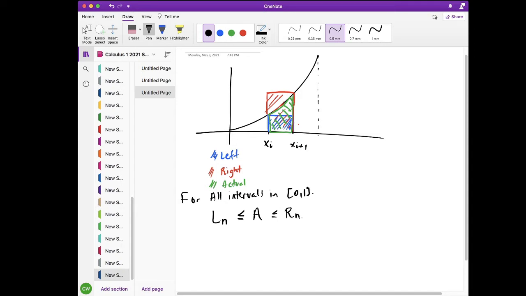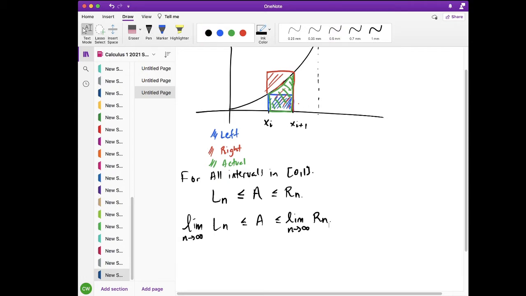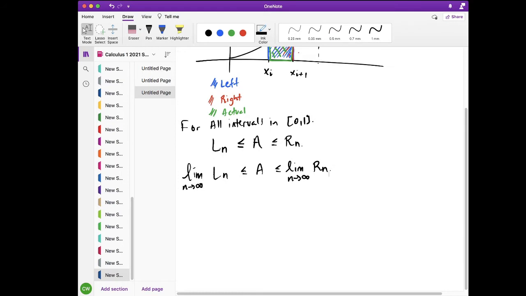So what happens if we take the limit as n goes to infinity of both the left and the right approximation? What would be interesting if we compared the left and the right? What do you think would be interesting?